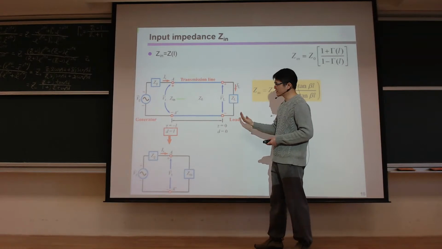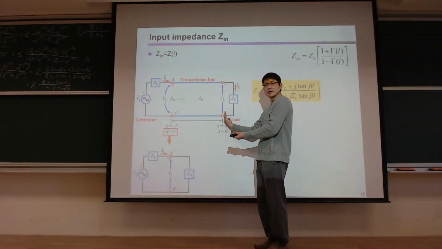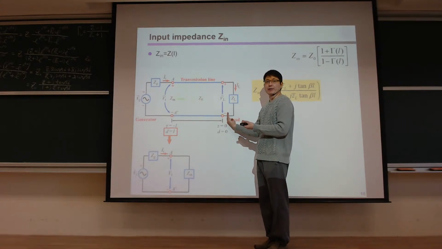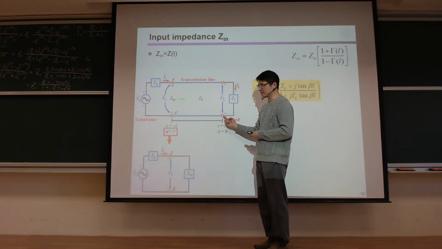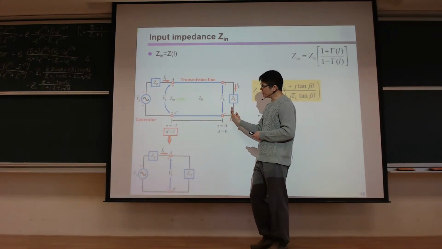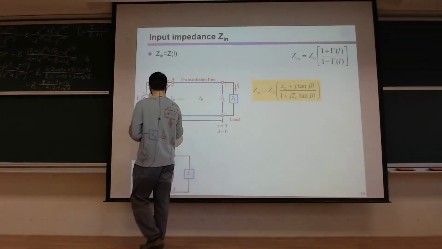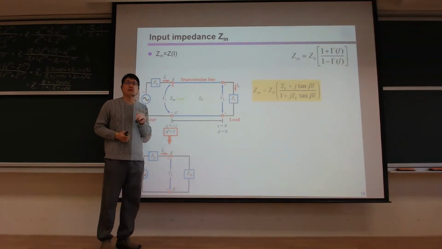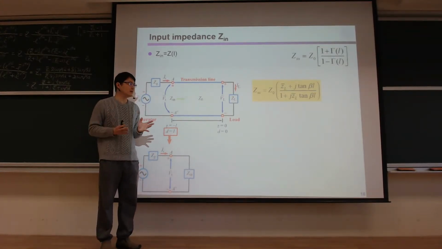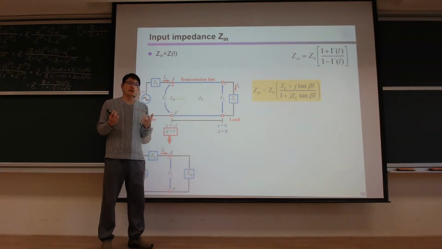So the idea is we know the reflection coefficient, so we know how strong the backward propagating wave is at this point, where the transmission line is connected to the load, right? And then the strategy is we walk back until we meet the input point. And then we look to the right, and we say, this is effectively a load.